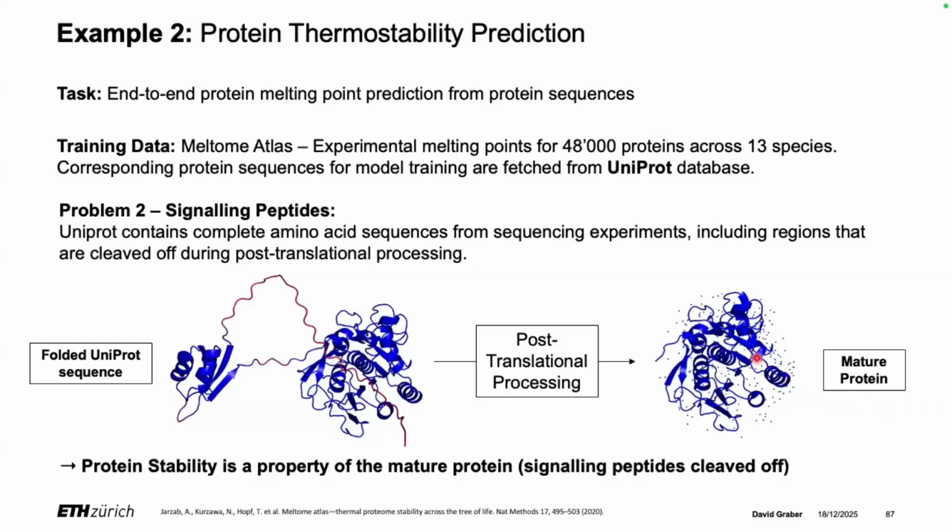So it is not really a good idea to take these sequences and train a model on them, because protein stability is a property of the mature protein and not of the sequence resulting from the genetic sequencing experiments, because this is not a structure that exists under physiological conditions and is very unstable.